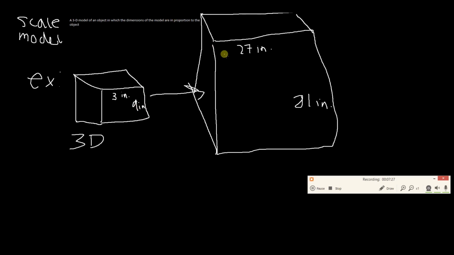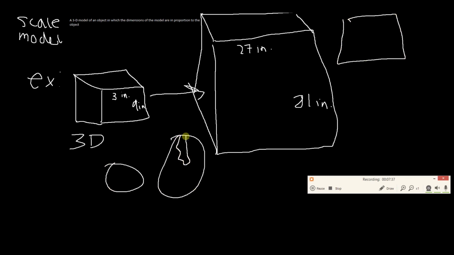Similarly, that's how map makers do it, or people who make globes, in contrast to the real world. On a globe there are some continents right there.